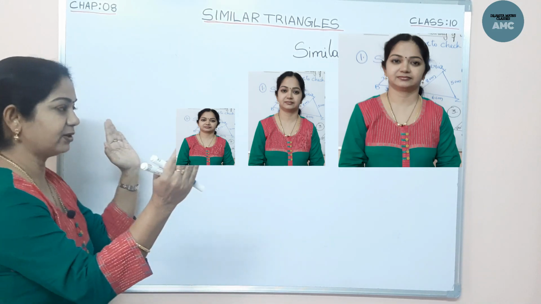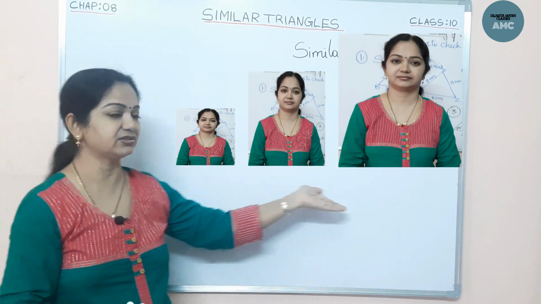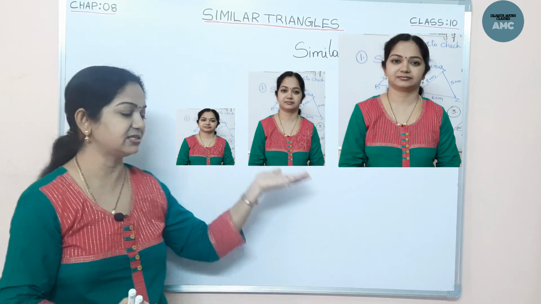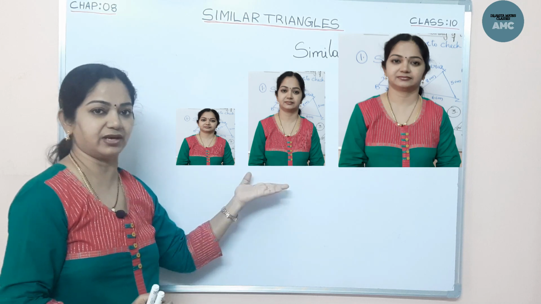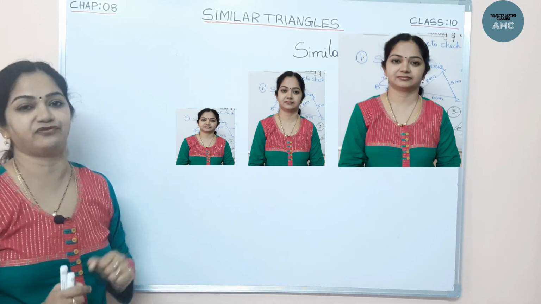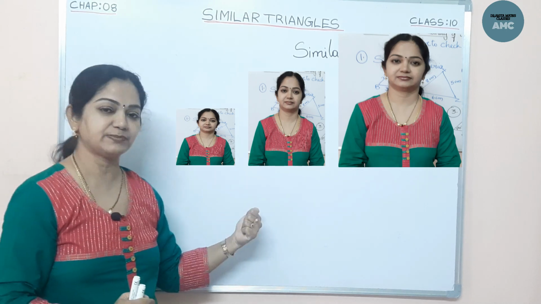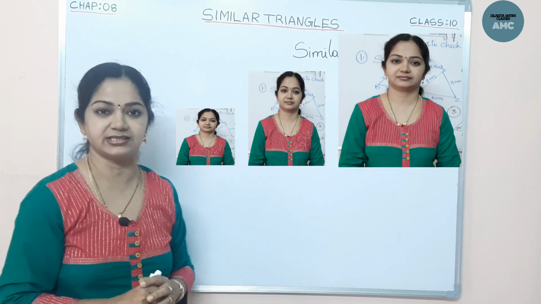So those will be contracted or enlarged. That means in all these three photographs we can clearly say that they are having the same shape. All these three are my photographs, isn't it? They are having the same shape, but the size is different. This is stamp size, the second one is passport size, the third one is a bit enlarged, that is the postcard size, right?